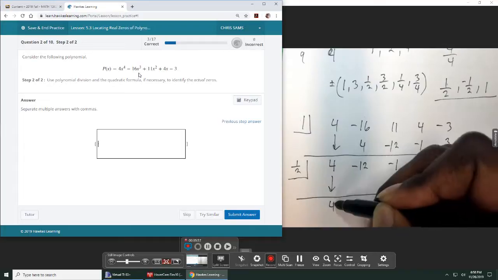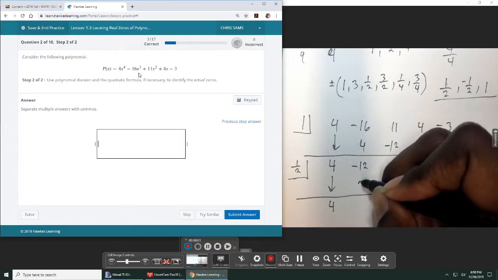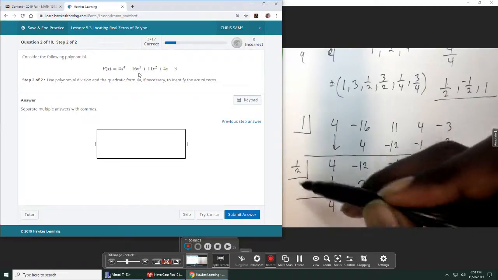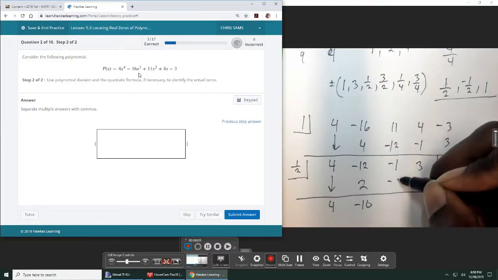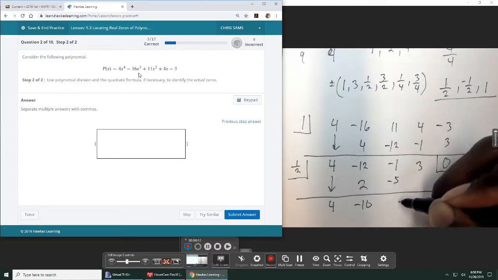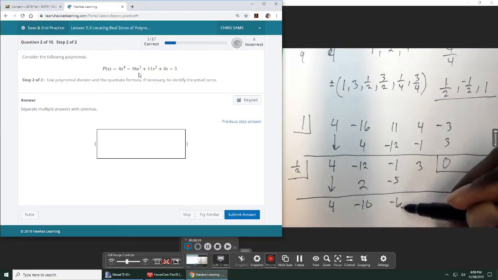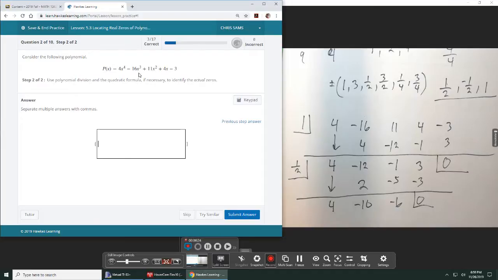So 4 times 1 is 4, divided by 2 is 2. So we'll write a 2 over here. Combine these two, we get negative 10. And then multiply this by 1/2, so we get negative 5. Combine these two, we get negative 6. And then multiply this by 1/2, and we get negative 3, and then we get 0. So 1/2 also works.